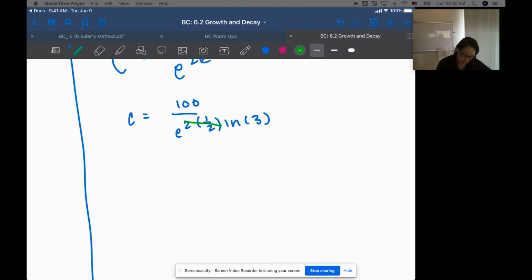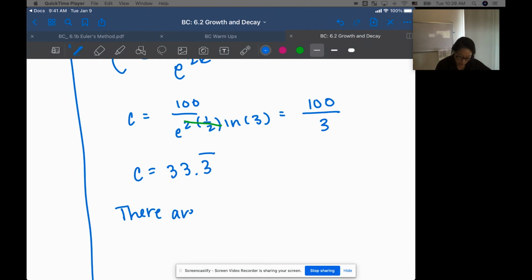So the 2 and the 1/2 cancel. So I just have 100 over the e to the ln 3, which is just 3. So I have C is equal to 33.3 repeating. So there are 33 flies in the original population.